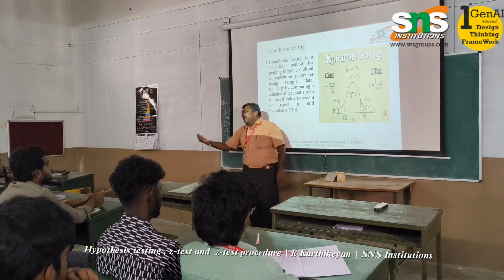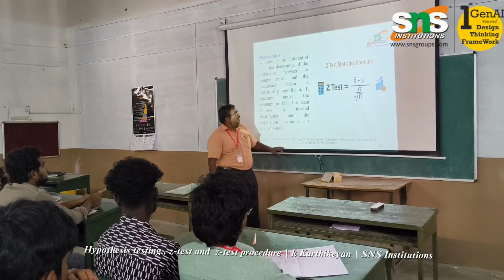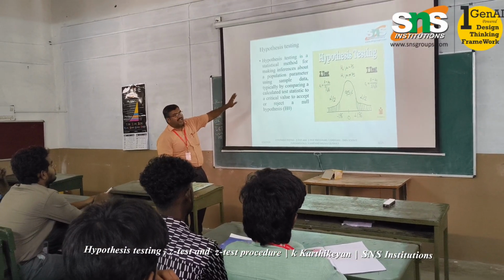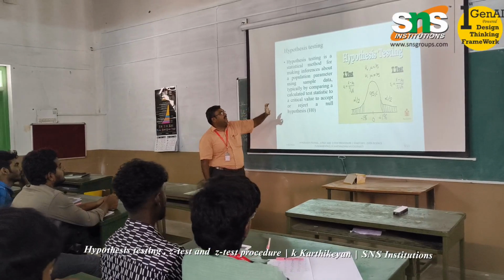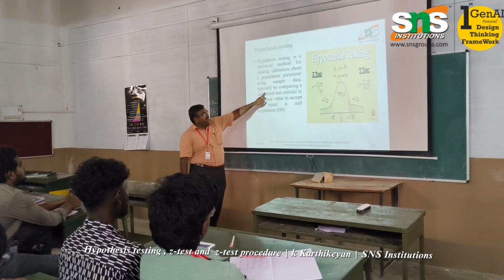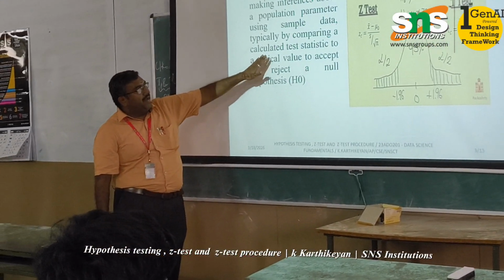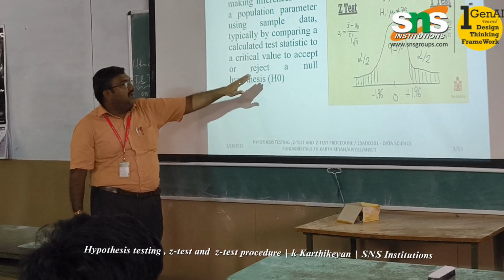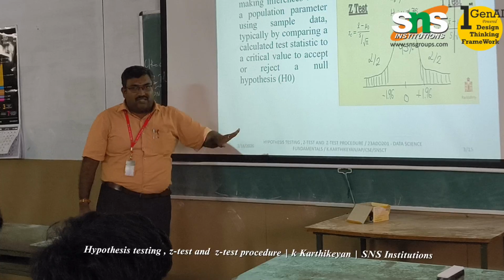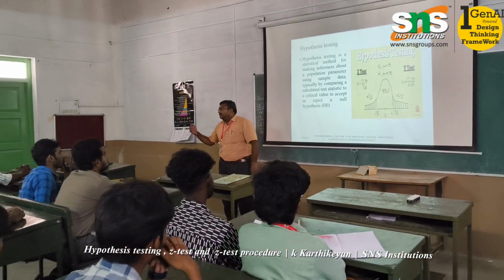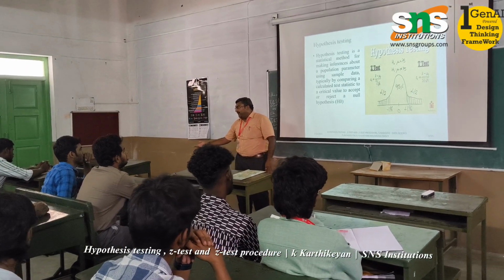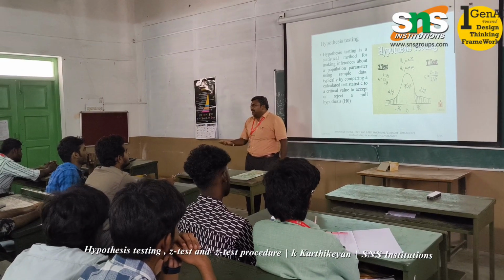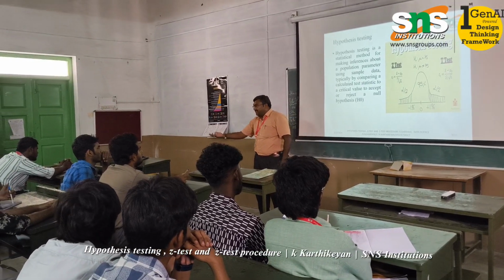Hypothesis testing is a statistical method for making inferences about a population parameter using sample data, typically by comparing the calculated test statistic with the critical value to accept or reject the null hypothesis. If you accept, no problem; if not accepted, you give proper reasons.